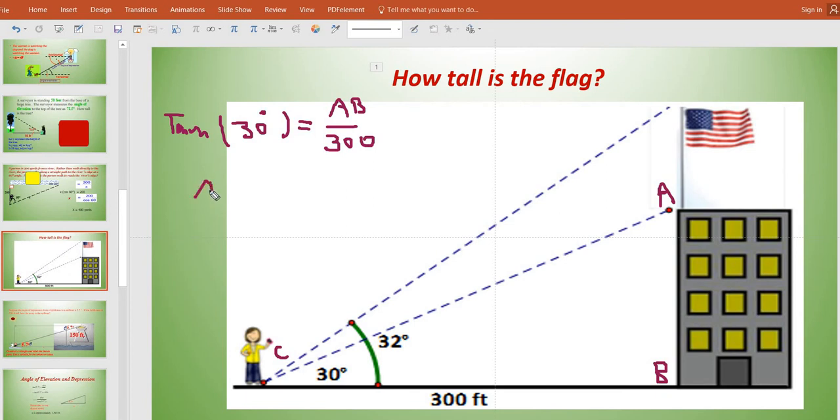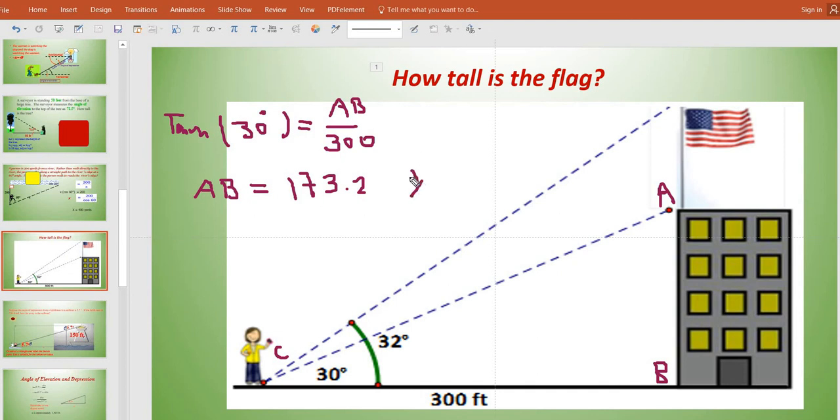Cross multiplication, we get the length of AB, the length of the building, AB equals 173.2.